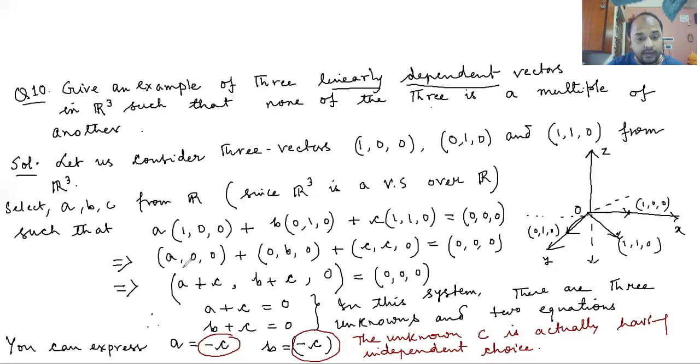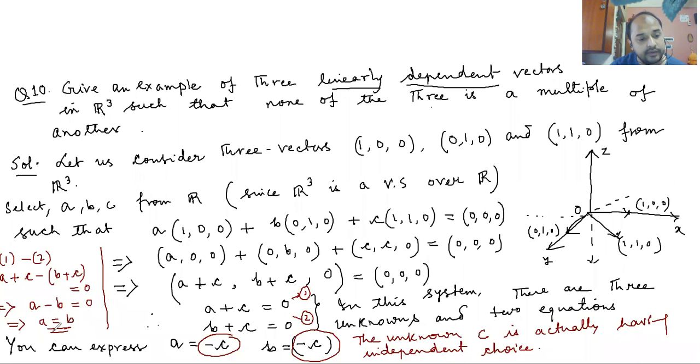Then one more calculation you need to do is that if I name this equation to be 1 and this equation to be 2, 1 minus 2 gives you A plus C minus B plus C, which is equal to 0, and from there I get A minus B equal to 0, which is A equal to B. So here two things are happening.